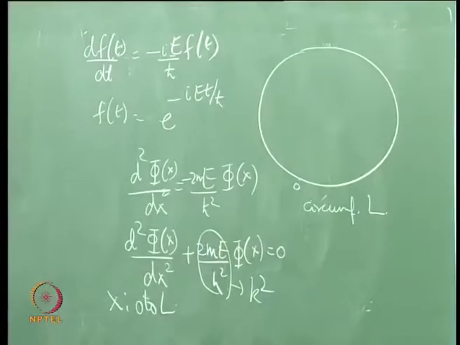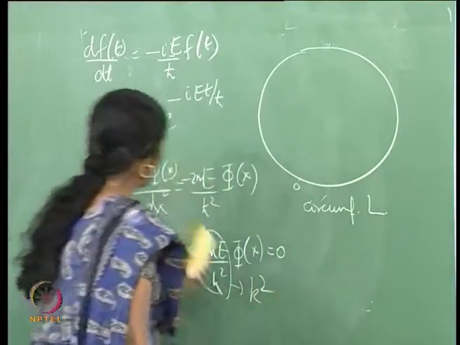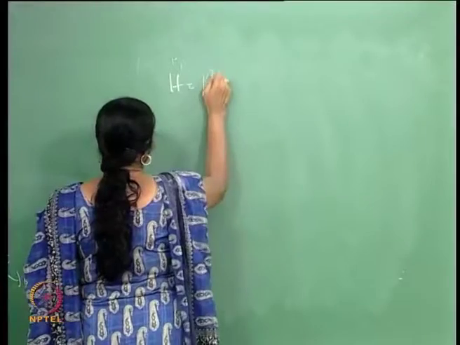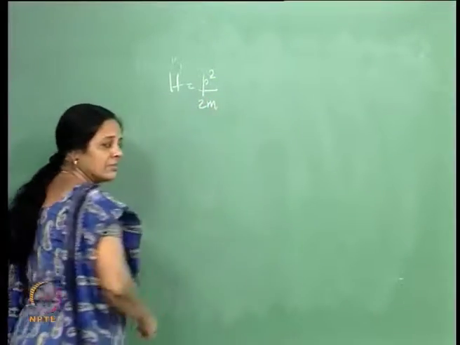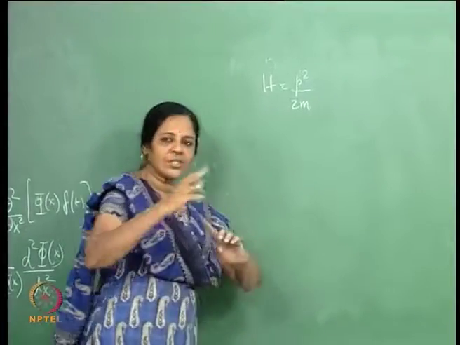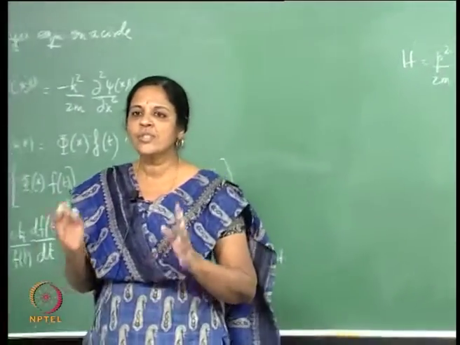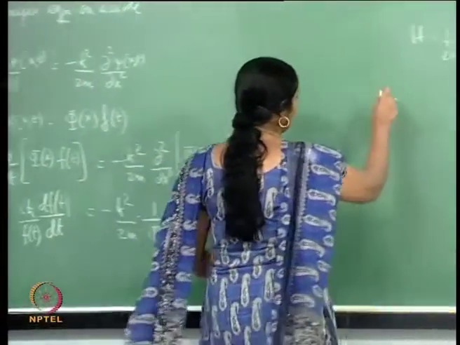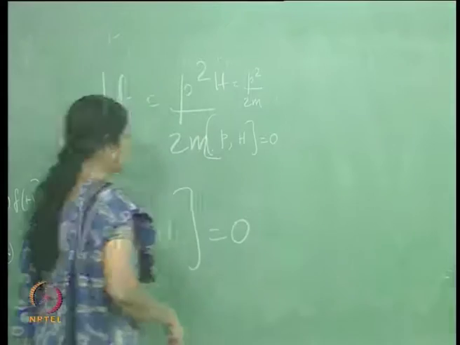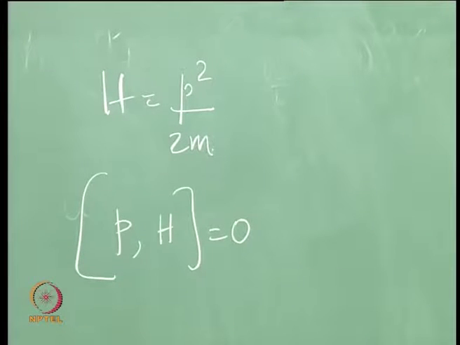In this case, your Hamiltonian is simply p squared by 2m, where p is the linear momentum of the particle. So, it is clear that because there is translation invariance, momentum is a good quantum number. I have already discussed in a different context what you mean by a good quantum number.